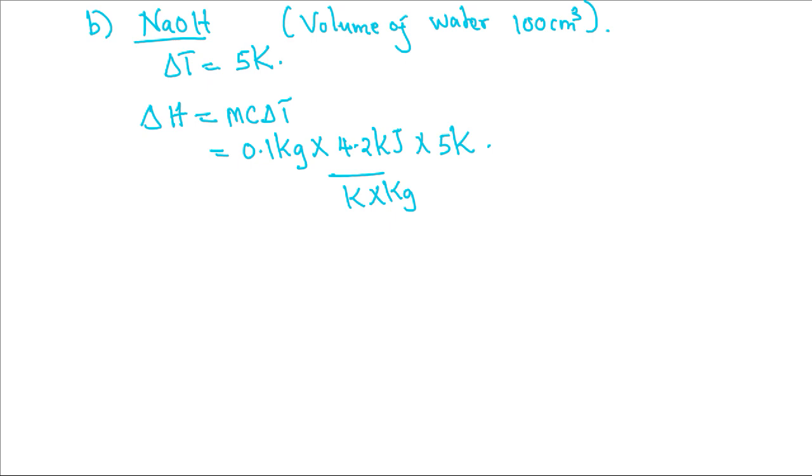That cancels that. So we have 2.1 kilojoule. This process is an exothermic process, therefore it gives a negative value.